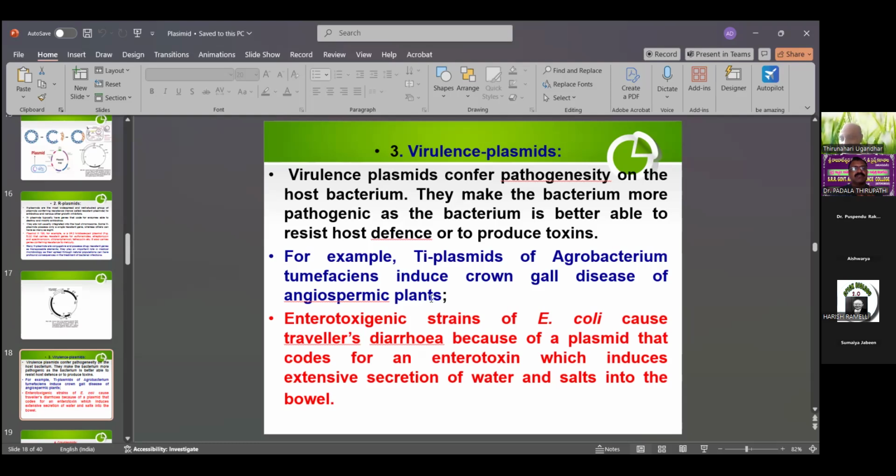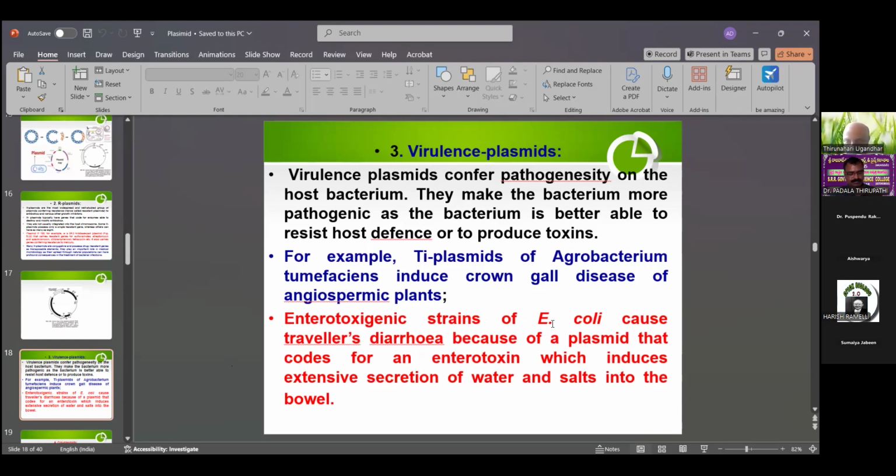The tumor is a formation which can transfer genes from one cell to another cell. That gene is present in this bacteria, which can be used for gene transformation. That is one type of agrobacteria-mediated gene transformation.